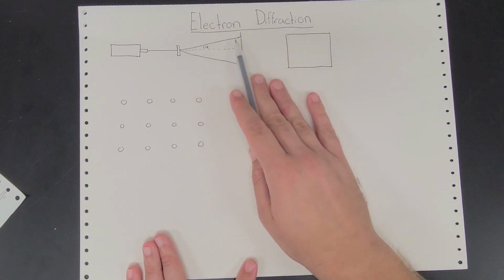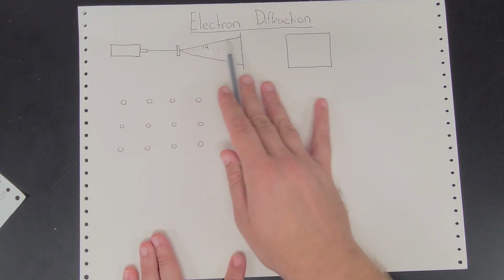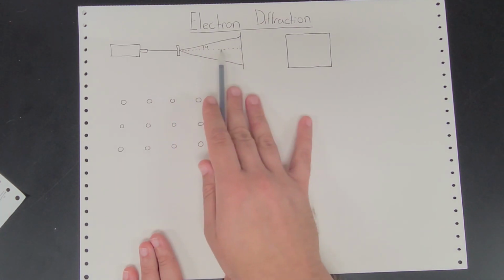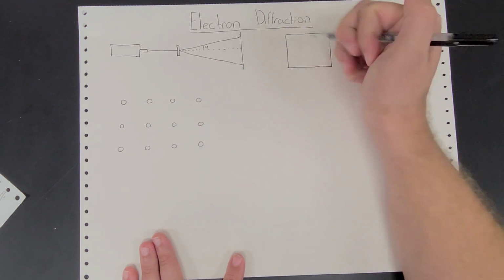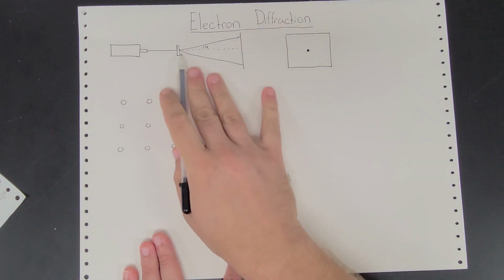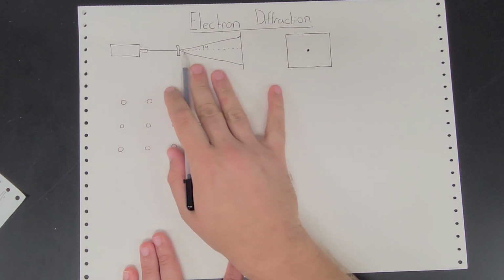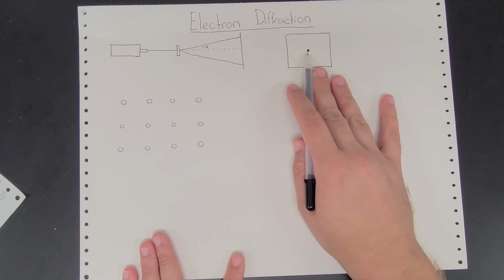Now if we look at this screen, because these electrons get diffracted symmetrically about this axis, first of all we'll see a central dot, which is all of the electrons that did not get diffracted. Those are the electrons that just continue to pass through the crystal without being diffracted, so you'll see a bright central dot.